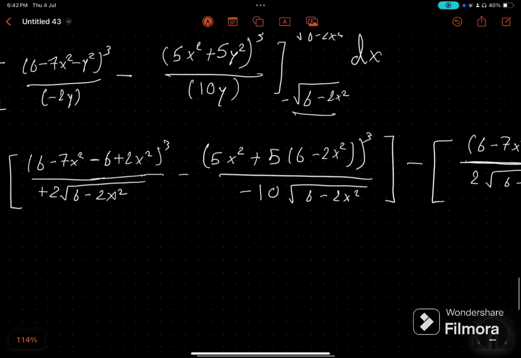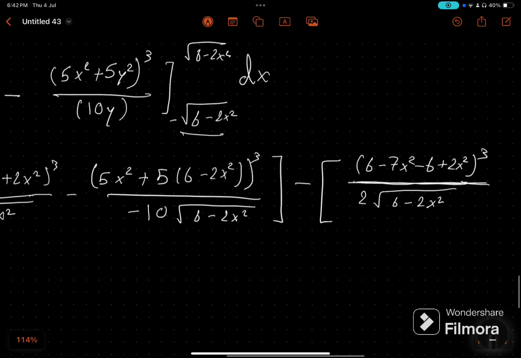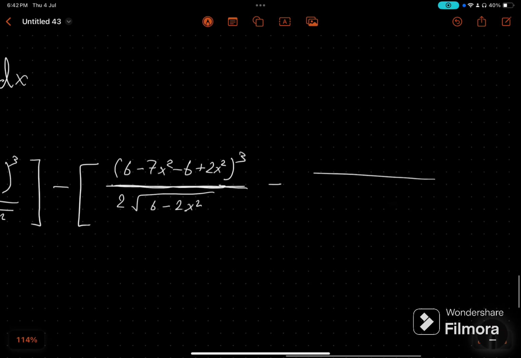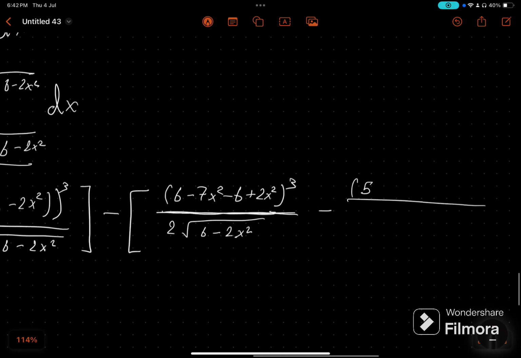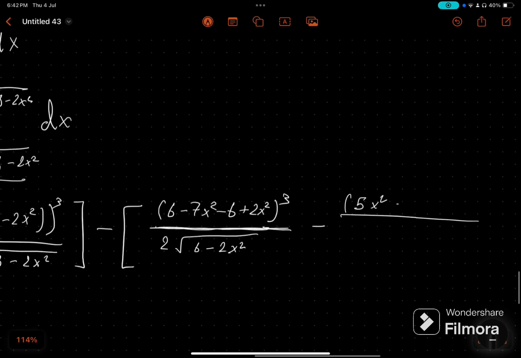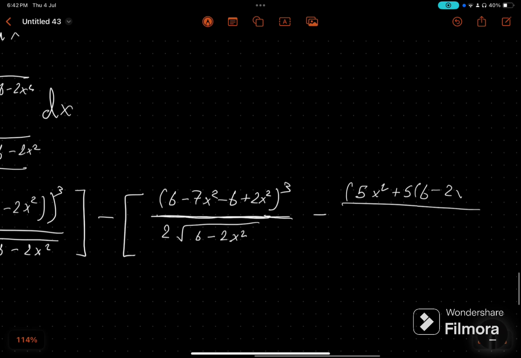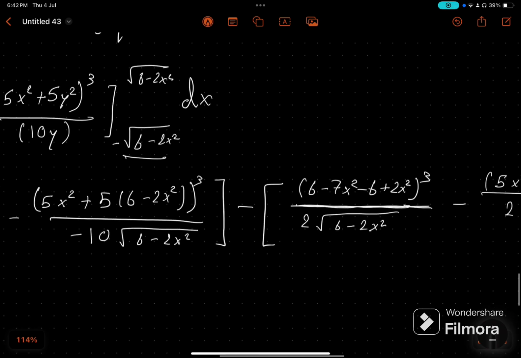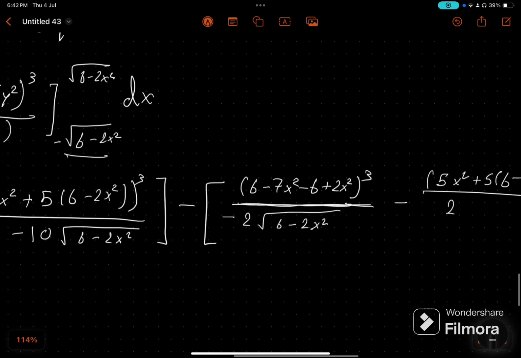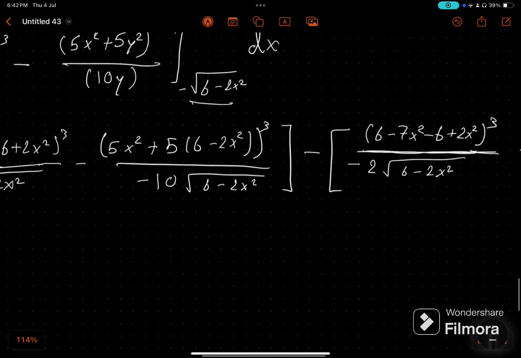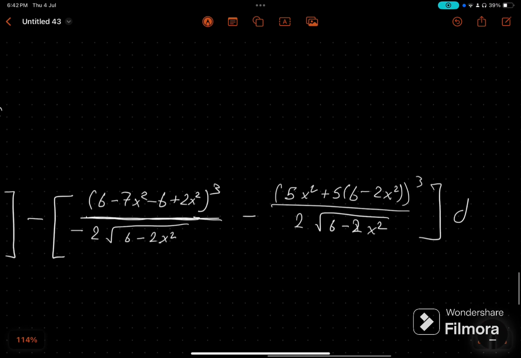Now as you can see, we do minus 5x squared plus 5 times 6 minus 2x squared all to the 3 divided by 2. Of course, here we have a negative sign, and here we have just a regular 6 minus 2x squared. And now here we have dx.